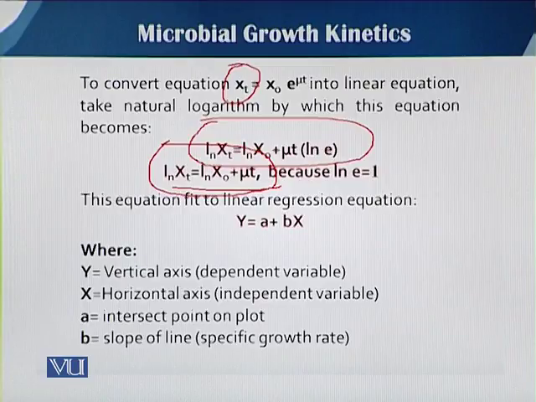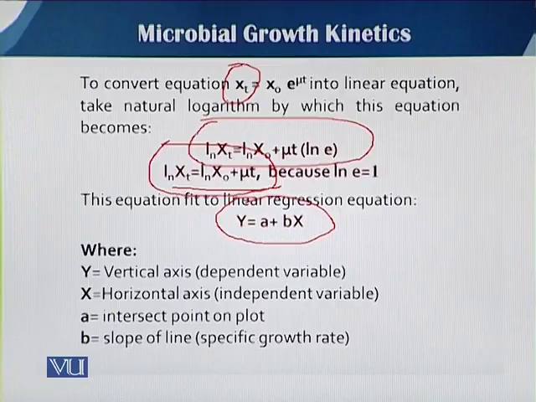That fits into the linear regression equation, a very familiar equation, y is equal to a plus bx, where y is the vertical axis. Mostly we have the dependent variable on y, and x is known as the horizontal axis, where mostly we plot the independent variable.